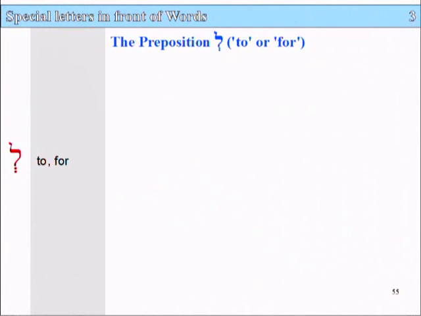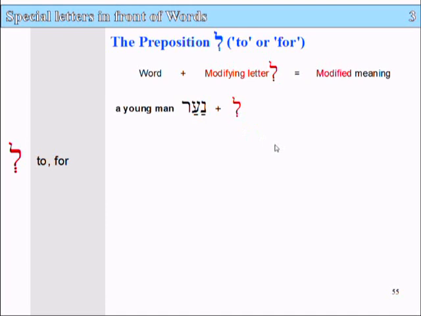Slide 55, Lesson 3, Special letters in front of words. The preposition lamed, which means to or for. If we take the word for youth, na'ah, nun, ayin, resh, and we add the lamed, we get le-na'ah, for a young man.